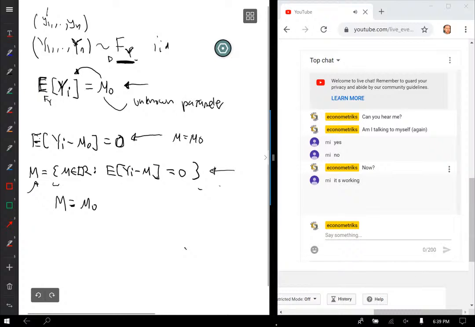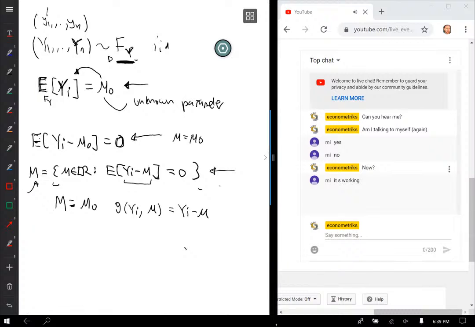So we can generalize, we can call this just a function of mu and yi. So we call that g. Let g of yi and mu just be yi minus mu.